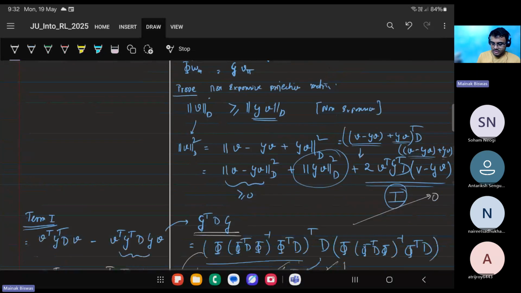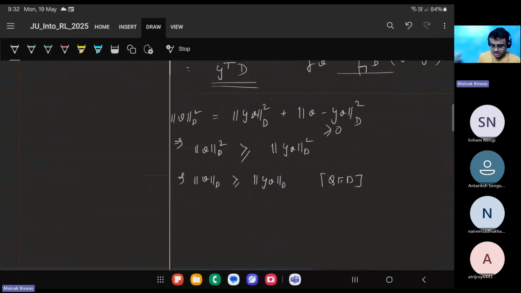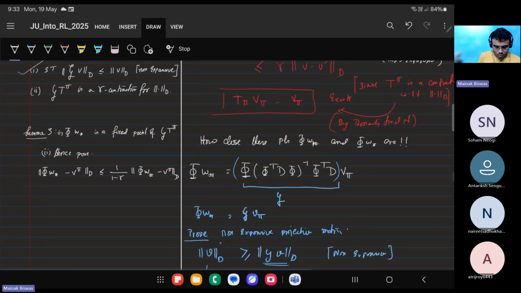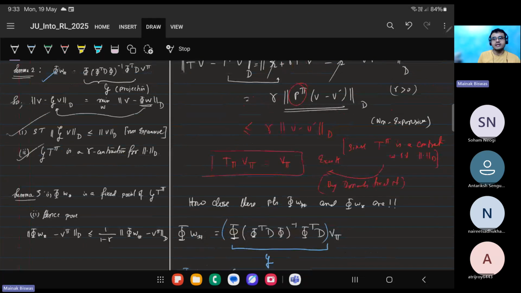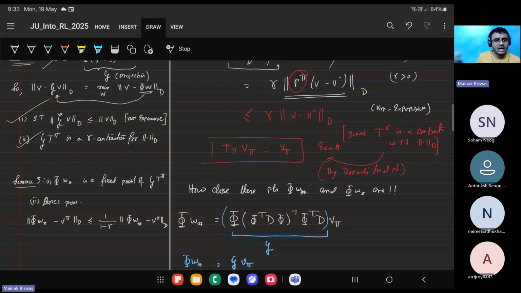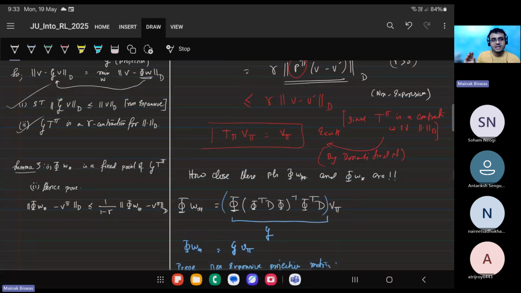Now the second property that I'll prove is lemma 2.2, that G T pi is a gamma contraction with respect to the norm D. Do you see that I am trying to bring it down to the same question?